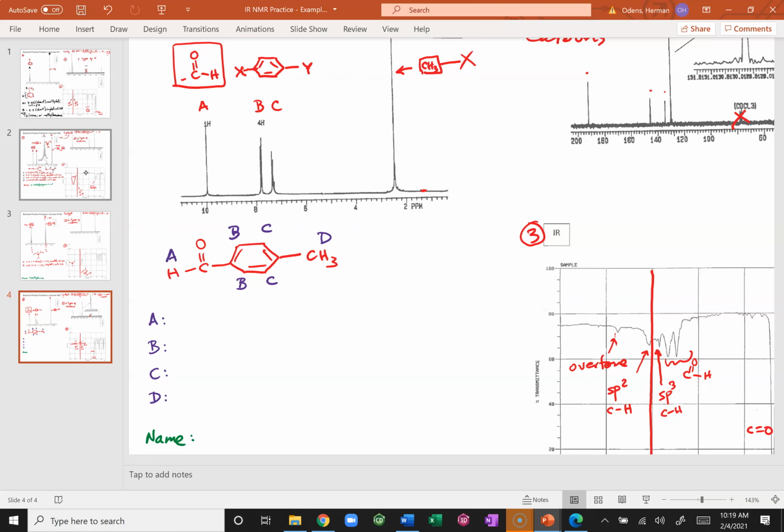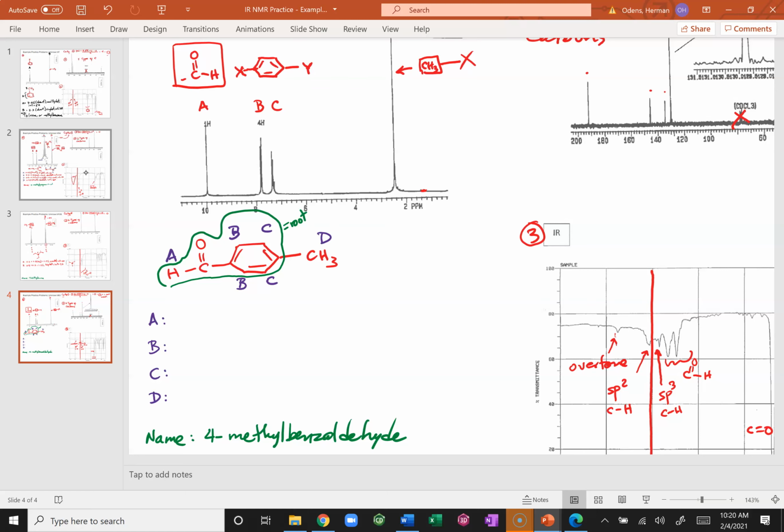Yeah, that would be the name. Or you can say para-methylbenzaldehyde, which is accepted. But ortho, meta, and para are actually common naming, so systematic would be better, using 4. I like the systematic way. 4-methylbenzaldehyde, because this whole thing is a root. That's the root name.